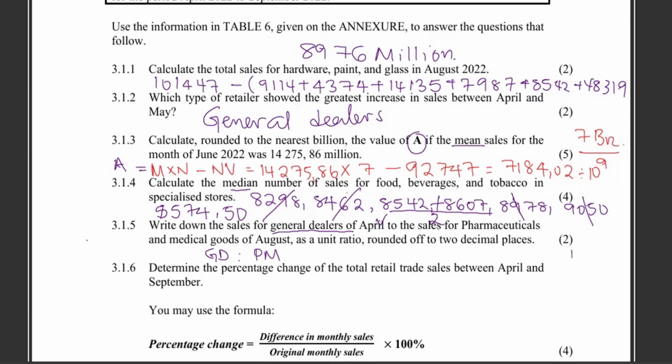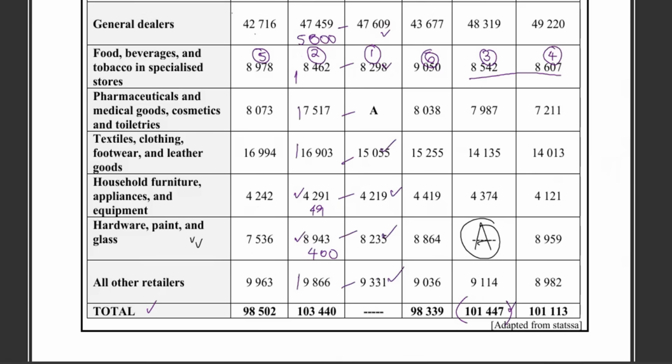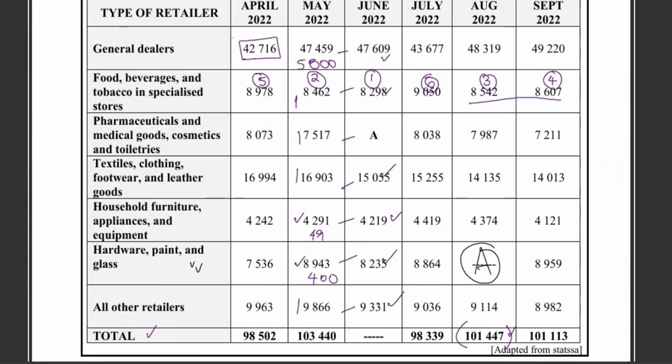Whenever you hear a unit ratio, you start with 1 is to a given number. So, general dealers, April. We shall come here. These are general dealers. This is April. You see that? Then August, where is August? But we are looking for pharmaceutical. August, we are coming to pharmaceutical and we are taking this.